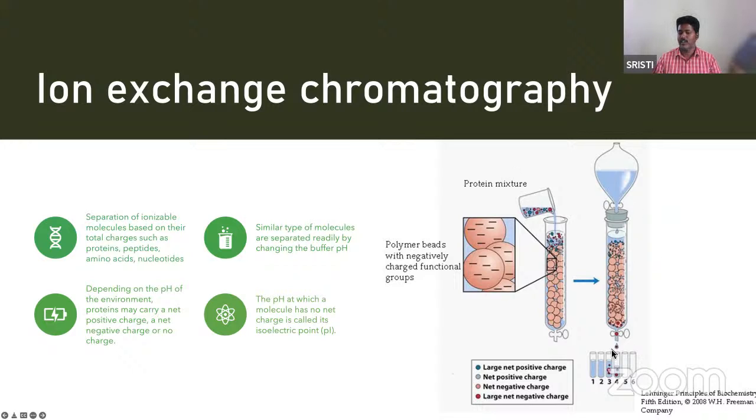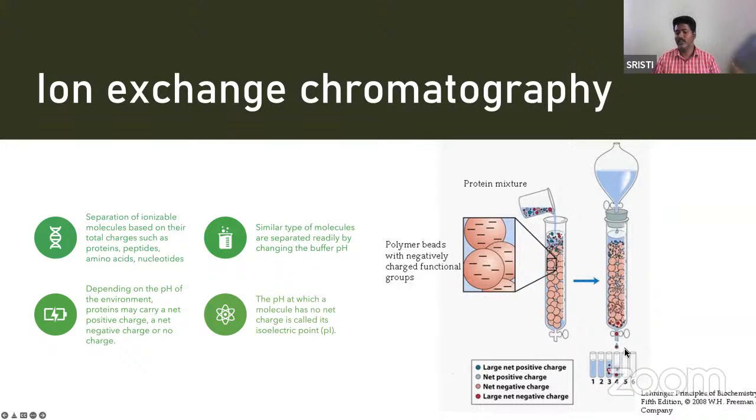Okay. So here you can see the polymer which has a negatively charged functional group packed in the column, and then a protein mixture is added. Okay, and because this is a negatively charged functional group, it will attract the positively charged molecules, and the molecules which have a large net negative charge are eluted first.